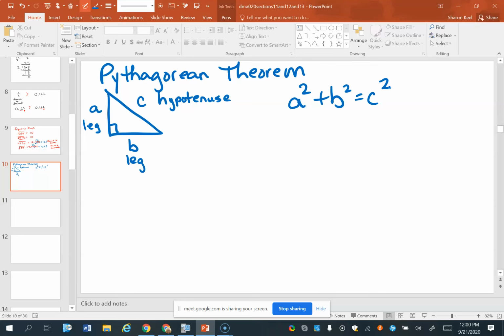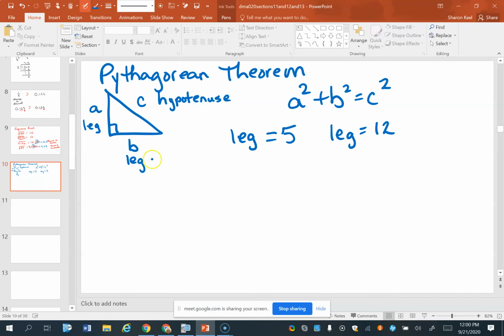So if we have an example here that we're going to do, I'm going to choose one of those that you have in your workbook. Let's start with a simple one. They're going to tell you that one leg is 5, and another leg is 12.